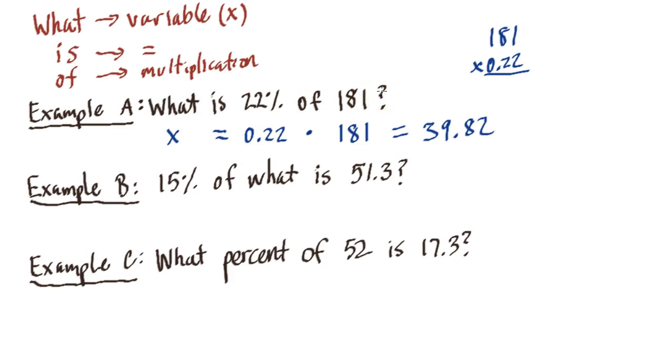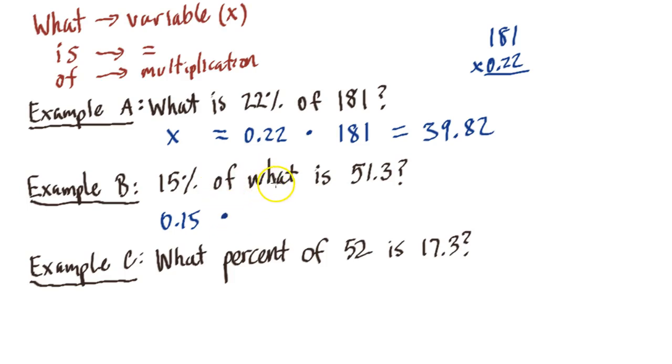All right. Moving on to the next problem. We have 15% of what is 51.3. Okay, so now we could just go down and translate this. So 15% is 0.15. As mentioned before, we want it in decimal form. "Of" is multiplication.